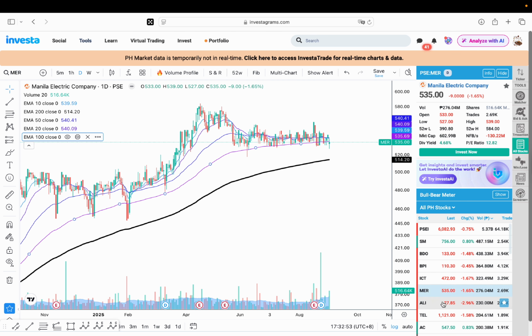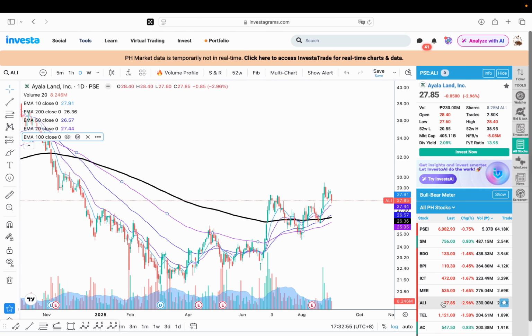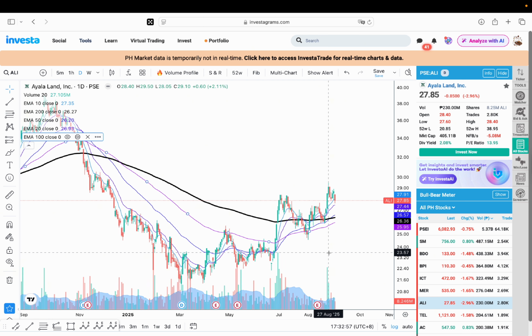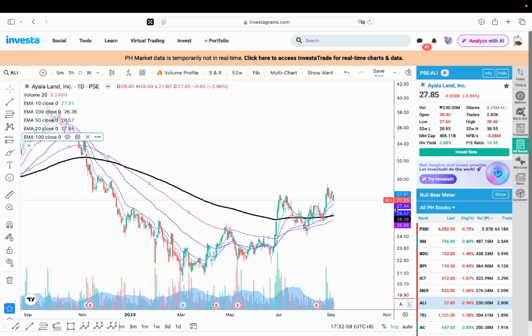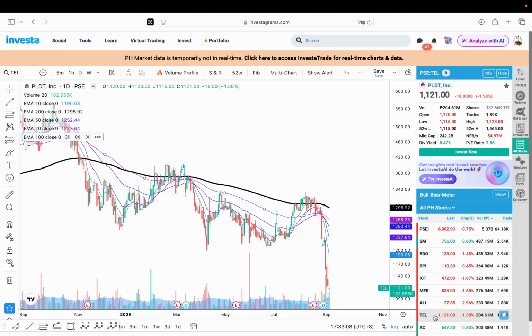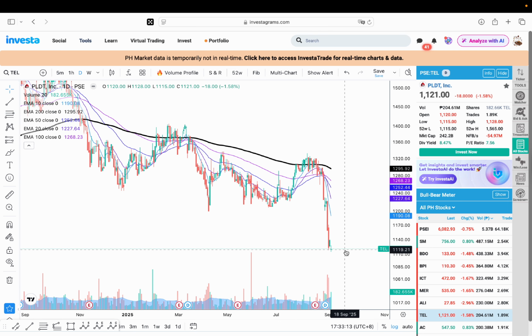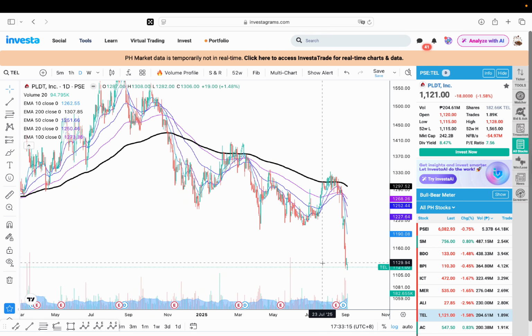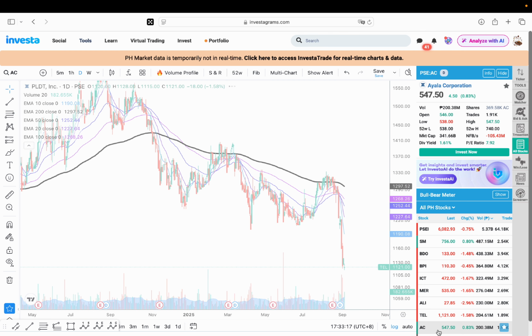Okay. Next, let's look at Ayala Land, also a good company right now. When looking at price action, it's trading above all of the EMAs. Something that you can add in your watch list. PLDT, big red flag. Look at that sharp drop, right? Not a good stock to be buying.